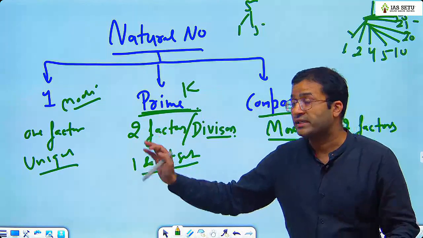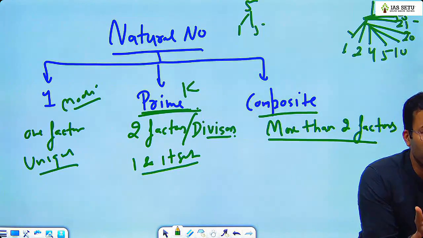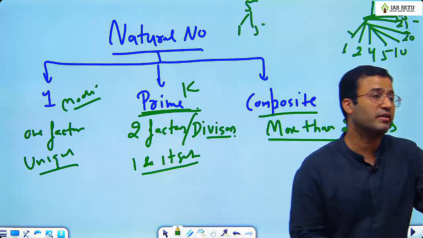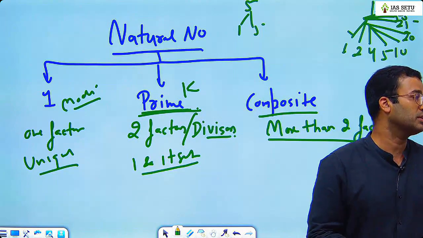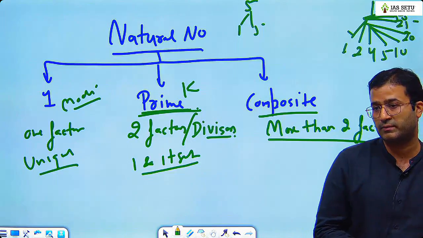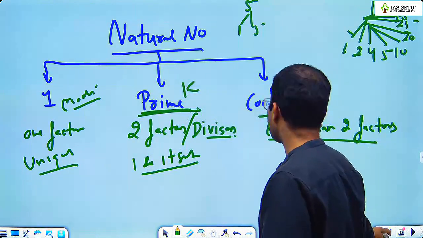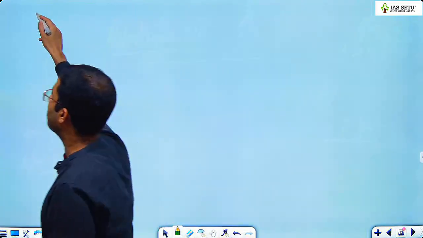तो point is categorization का base क्या है? Factors. One has only one factor, prime number has exactly two factors, composite number has more than two factors. So I give you some properties of prime numbers. Actually, you put the heading prime number.